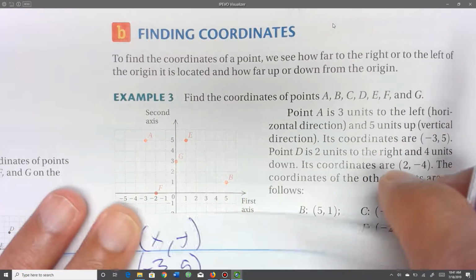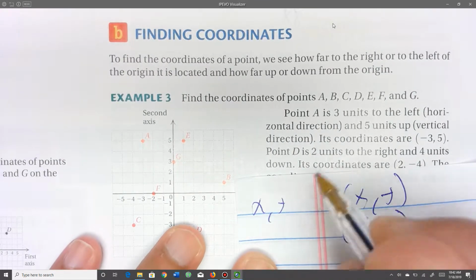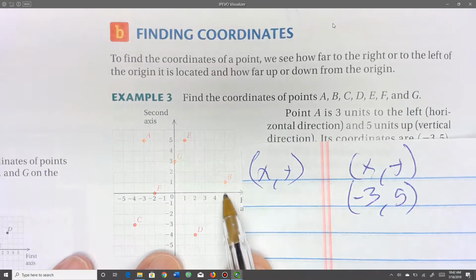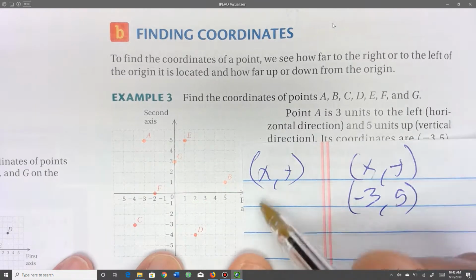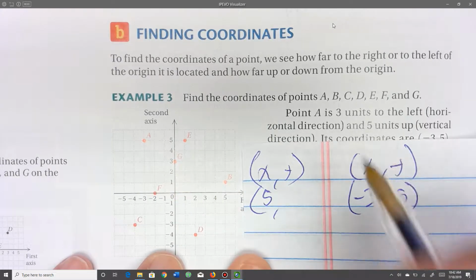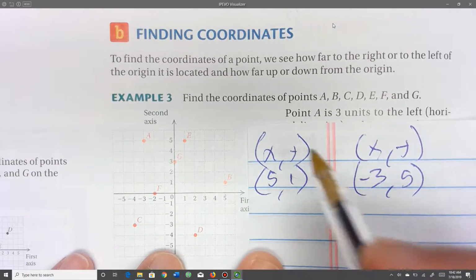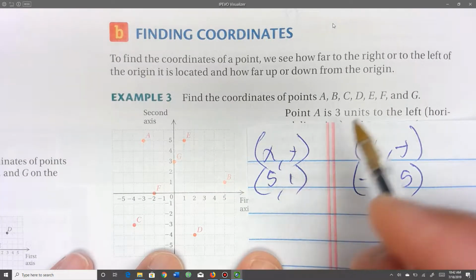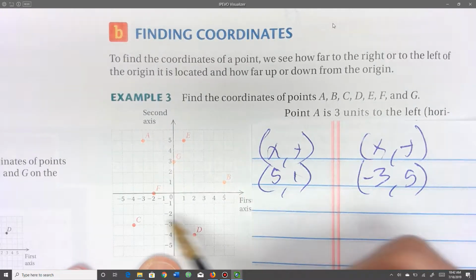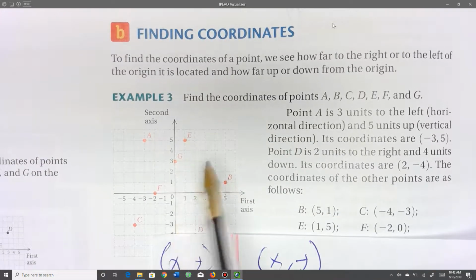Okay, for B, we need an x and y value, right? So my x value is +5, see, that's 5, and my y value is 1. All right, then for my next point, it's right there.